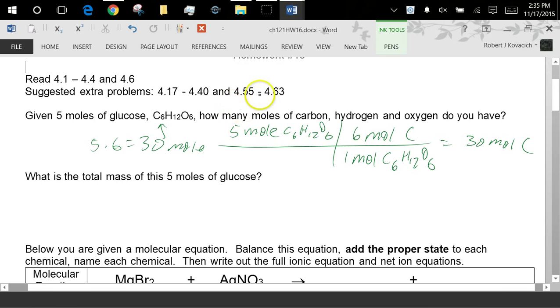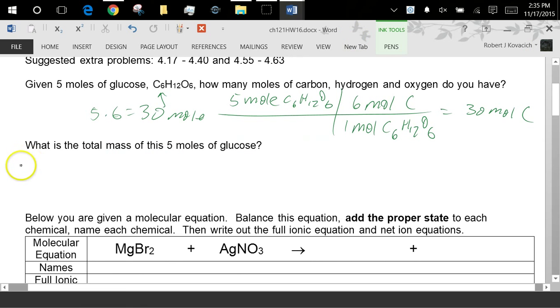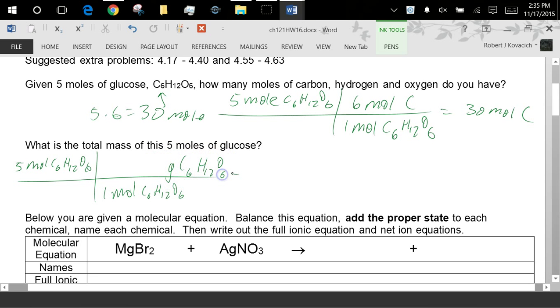What's the total mass of 5 moles of glucose? All right, so 5 moles of C6H12O6, and for every 1 mole of C6H12O6, that's in some grams of C6H12O6. Somebody have a number for that?